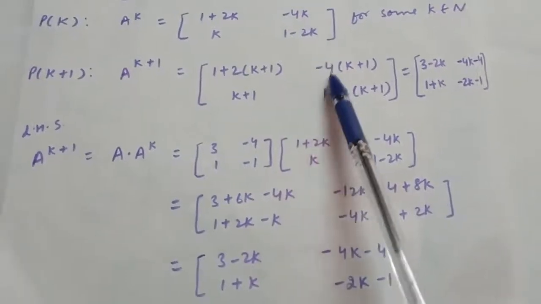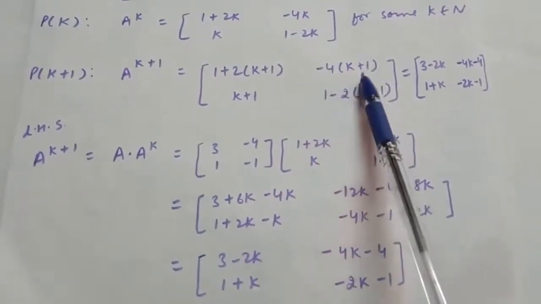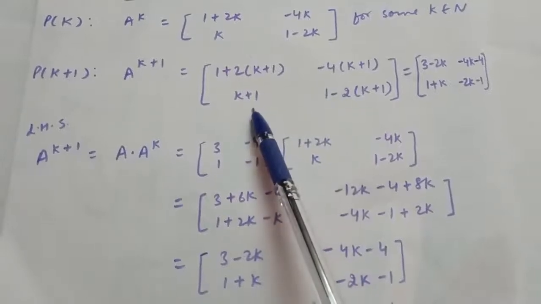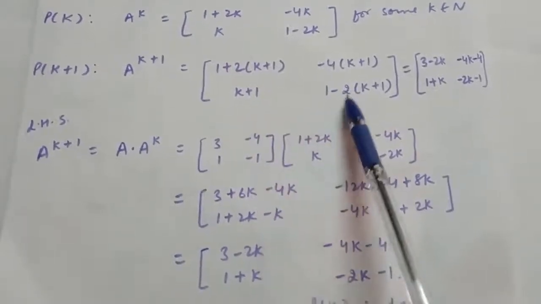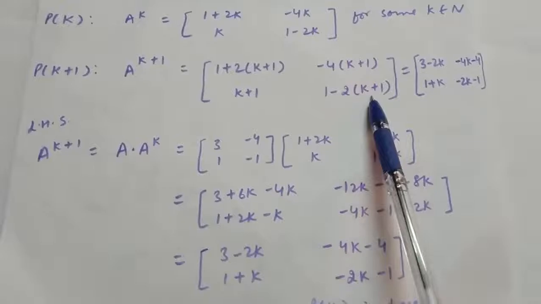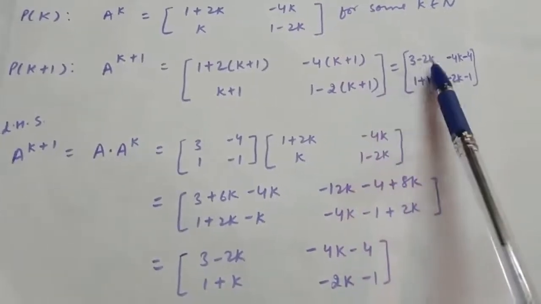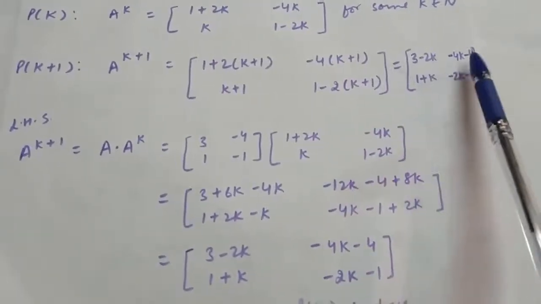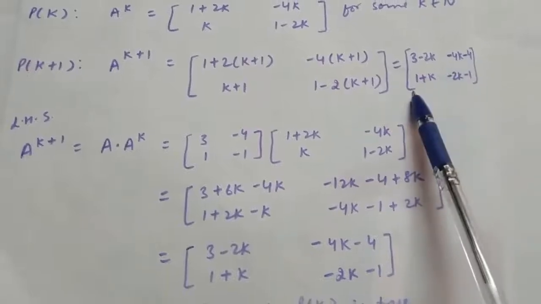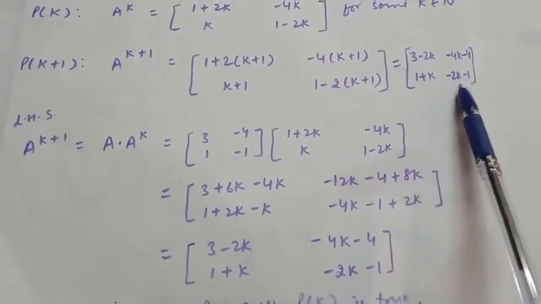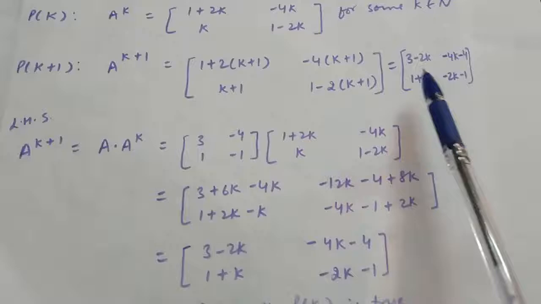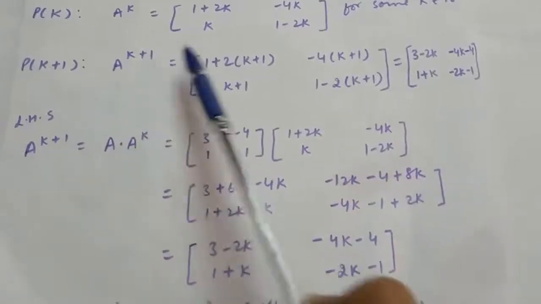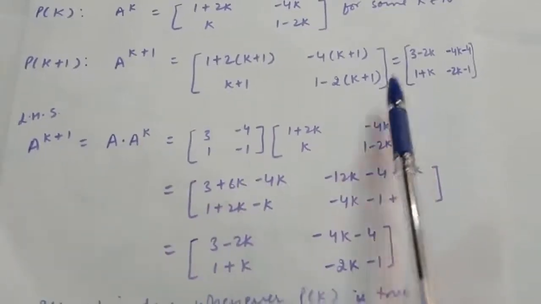Similarly, minus 4 into, in the bracket, k plus 1, 1 minus 2 into, in the bracket, k plus 1. So it will be 3 plus 2k, minus 4k minus 4, 1 plus k and minus 2k minus 1. So we have to show that A raised to the power k plus 1 is this matrix.